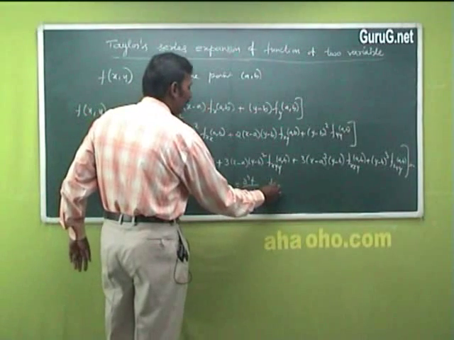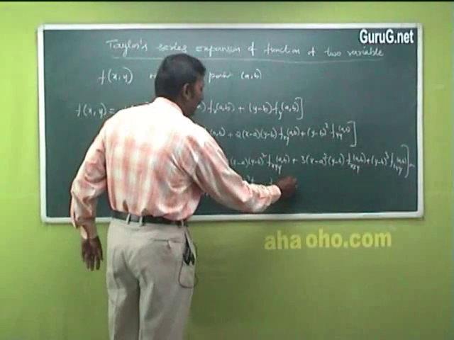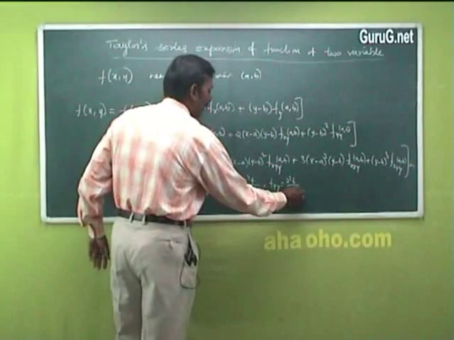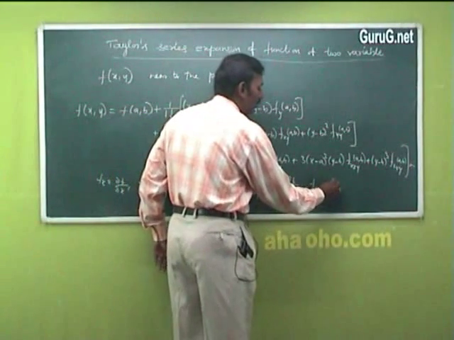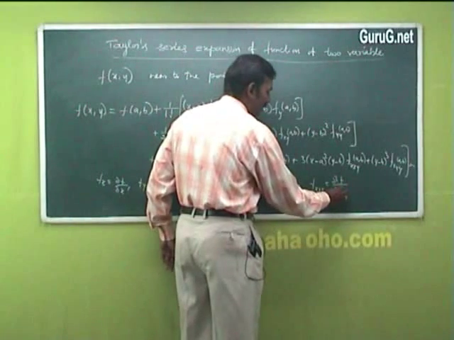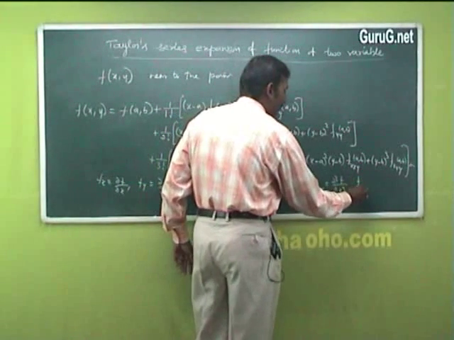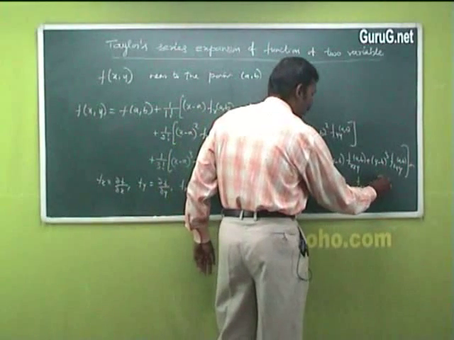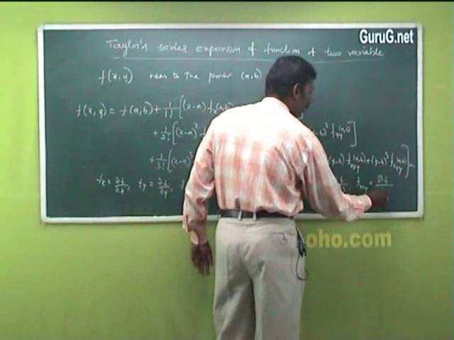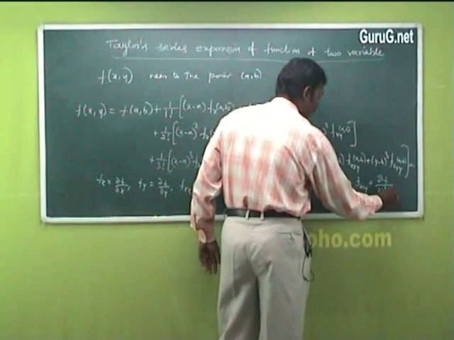Then fyy is dou squared f by dou y squared. Then fxxx is dou cube f by dou x cube. Then fxxy is nothing but dou cube f by dou x squared dou y.